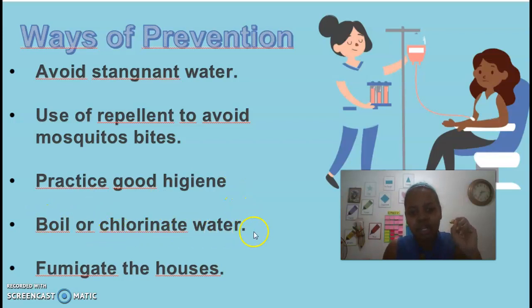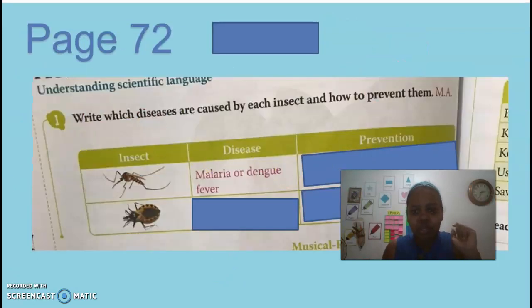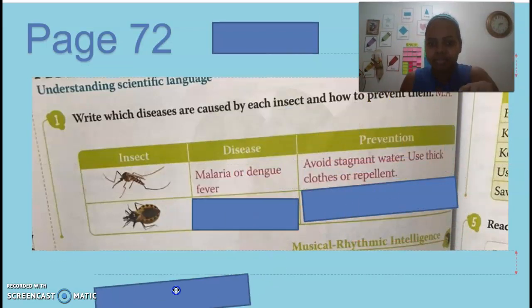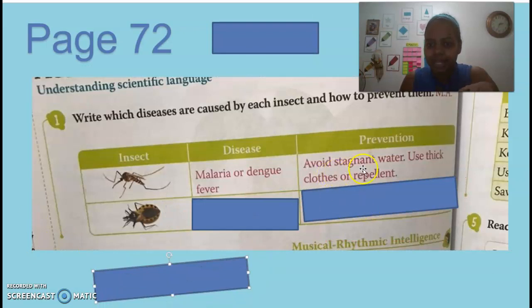Boil or chlorinate water. Fumigate the houses. So, which one do you think is going to be here? We can use two of them. Avoid stagnant water and use thick clothes or repellent. Please write it in your book.